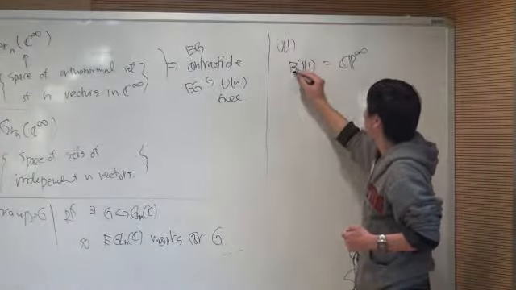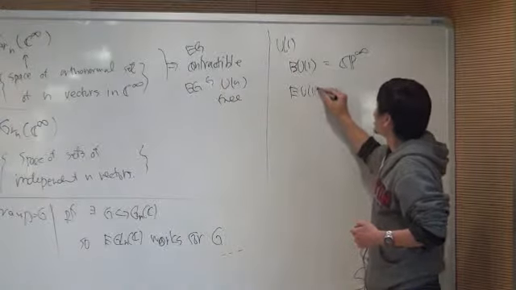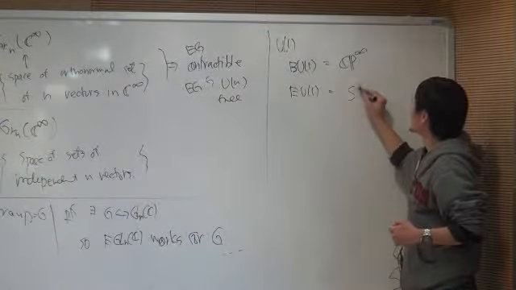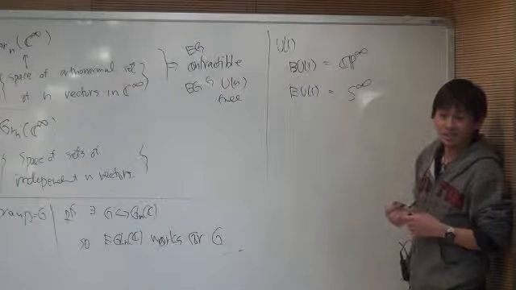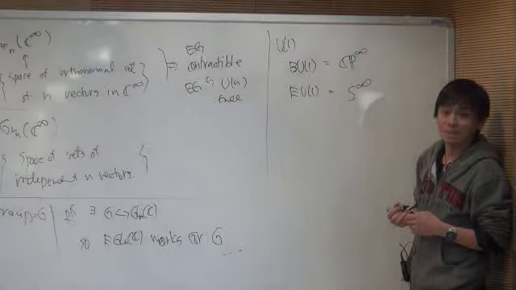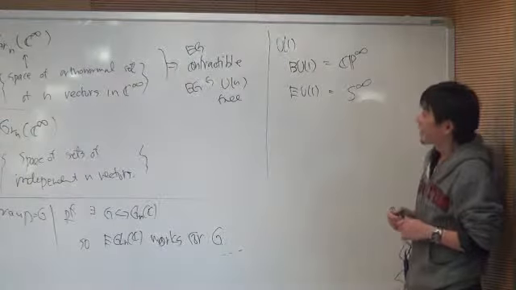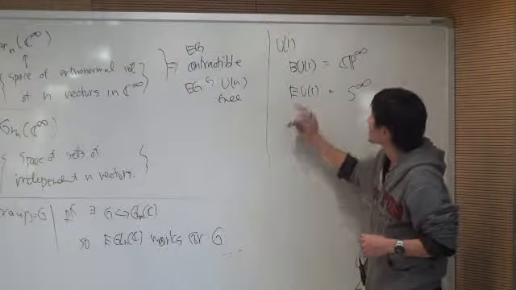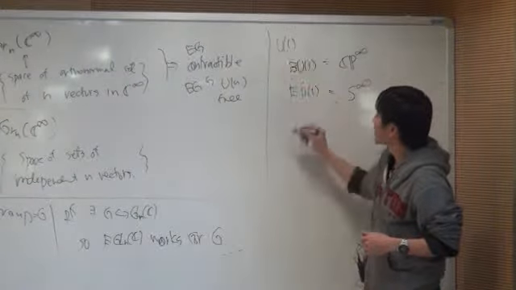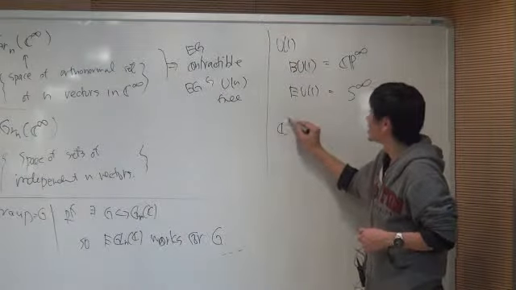Sorry, this is BG, right? And E of U1 is actually all the unit vectors in the infinite complex plane. Right? All the unit vectors of infinity. And the complex analog to U1 is C star.